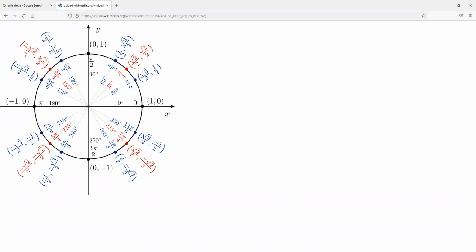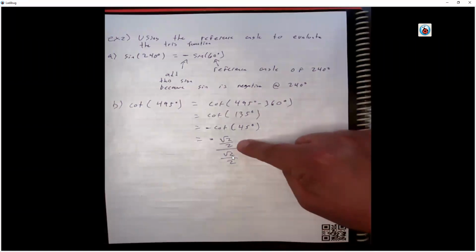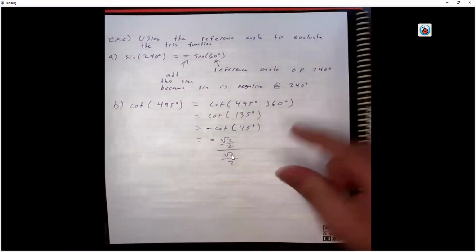So negative, the x value is square root 2 over 2. Let me just write this down. As long as you get to this, that's what matters, right? Cotan is defined to be x over y, or cosine over sine. So just put the cosine value and the sine value, and then you're good.